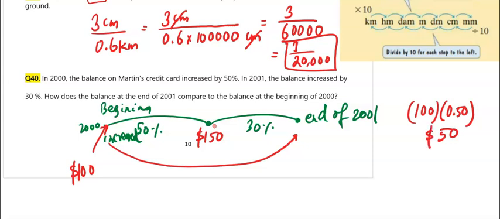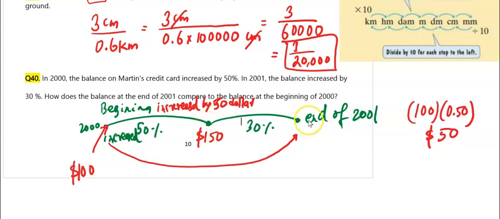So the total balance after 1 year, at the beginning of 2001, is going to be $150, right? Because it increased by $50 here.